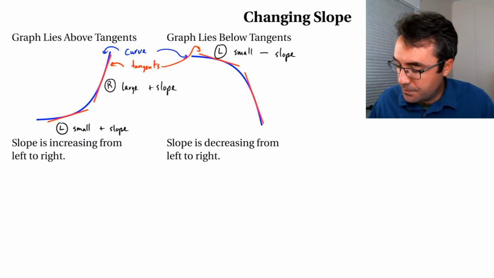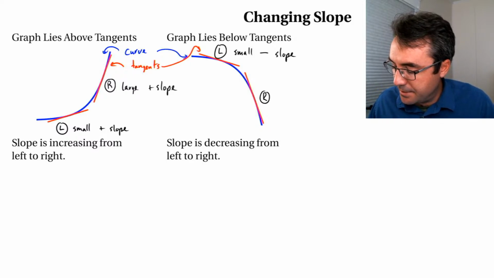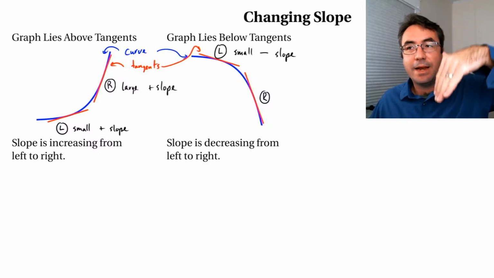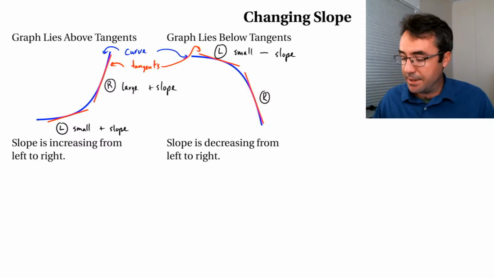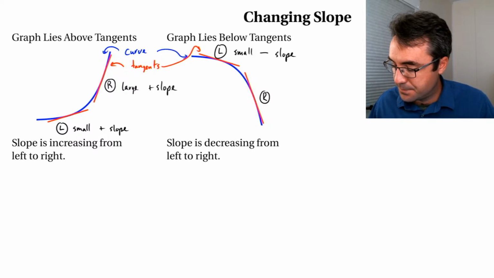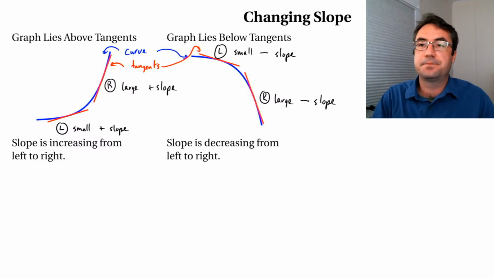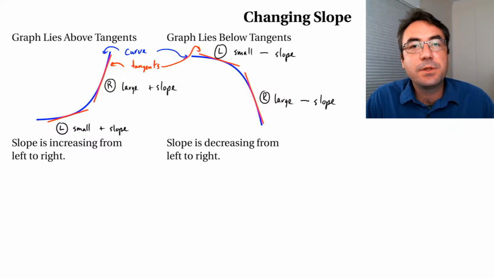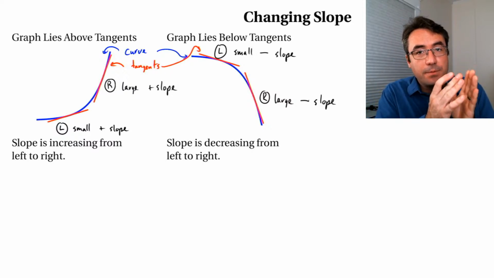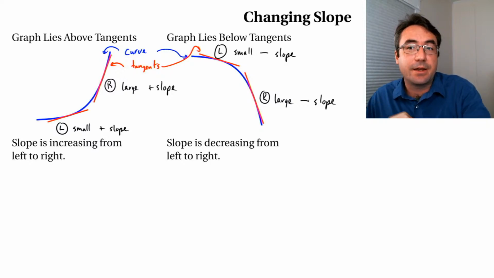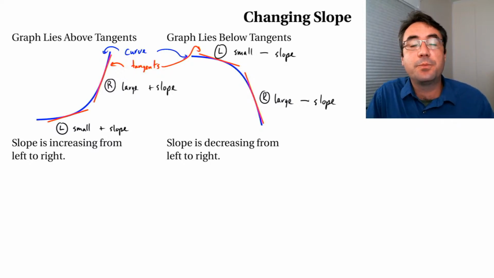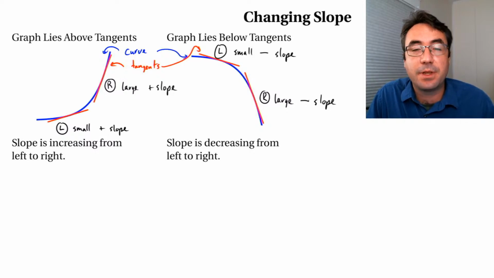Now if we were to move further to the right and look at that other tangent line, this is more dramatic. It's a steeper tangent line. So it's going to be large, and it's pointing downward, so it's going to be negative. So as we look at this curve, as we go from left to right, we start small negative, and then we become large negative. So in this case, the slope is decreasing as we read from left to right.